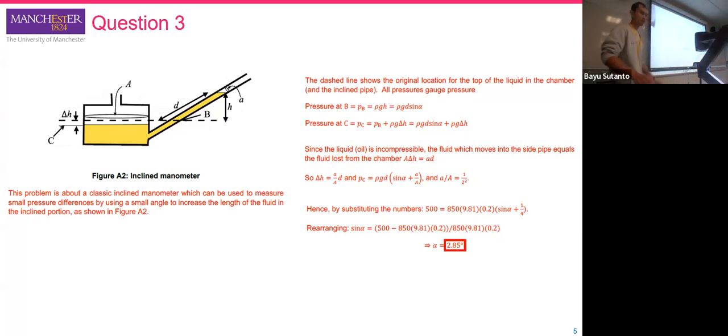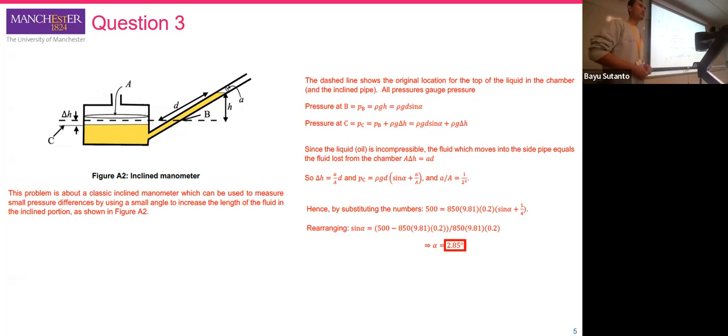So we have the final. Sorry, the focus is not working. Okay, I think it's better. So this is the final. In the final equation, we have PC equals rho g times the quantity sin alpha plus a per capital A. Deriving the equation, we get alpha with the inverse sine of 0.049814, which equals 2.85 degrees.